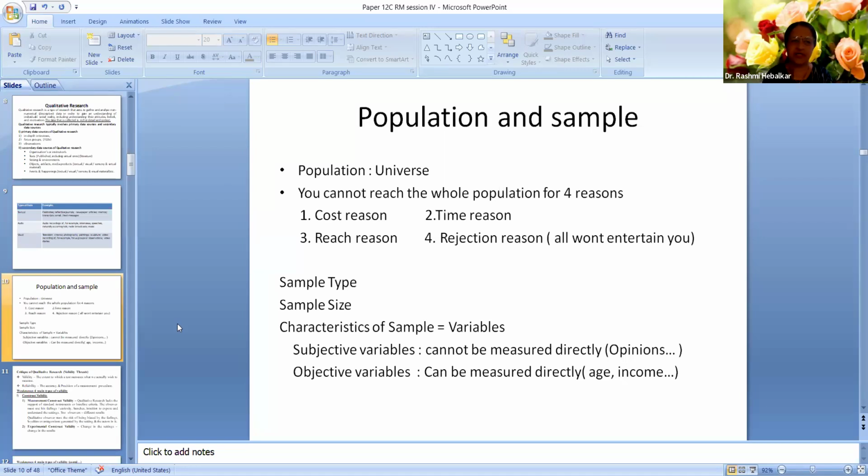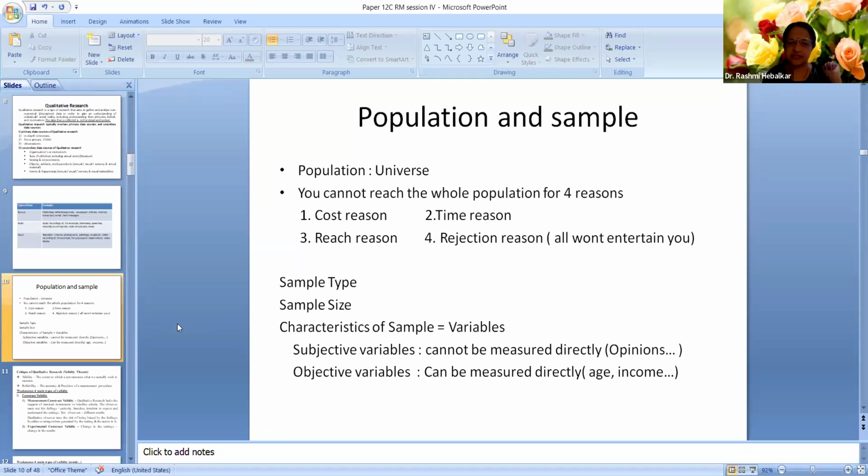Regarding the example of stress management, when I said stress management study from IT companies, so IT professionals, if I say in general, it is also sample type. If I say IT executives, it is also called sample type. Whatever category I am taking, sample type. Sample size means number, how many.